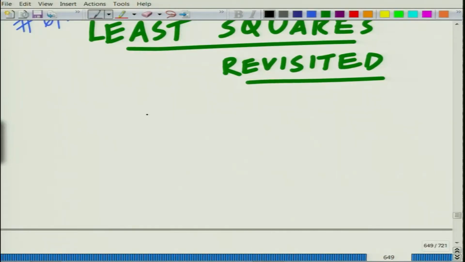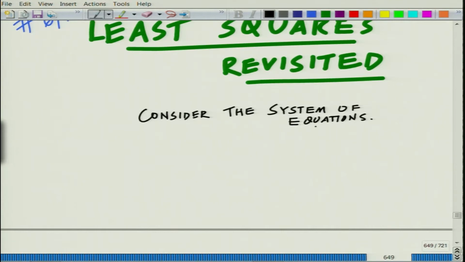Now, remember the least squares problem is essentially where we have the system of equations.